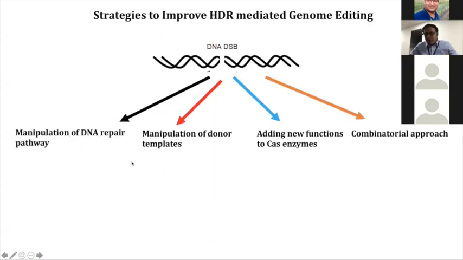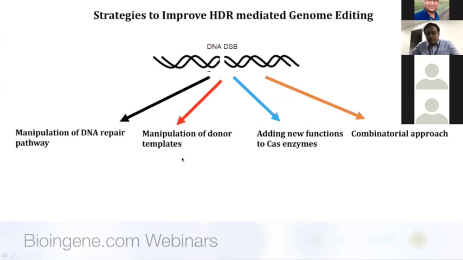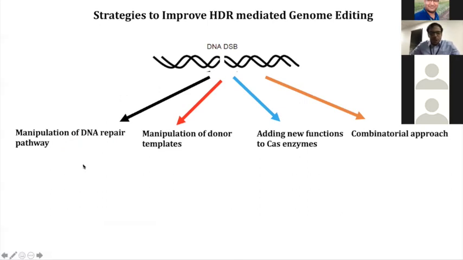So how do we improve the homology directed repair efficiencies in cells? One approach could be to manipulate the DNA repair pathway. Another approach is that we have the information given on a donor template, so we manipulate that.